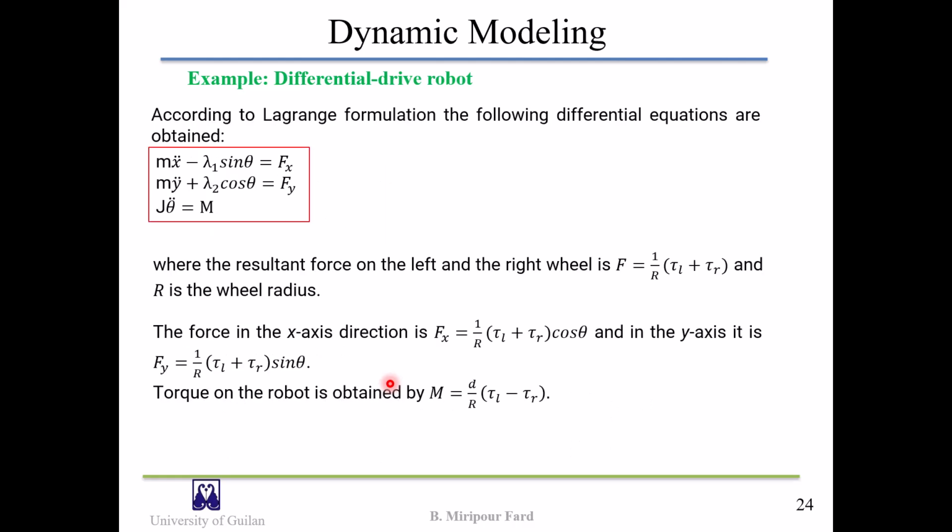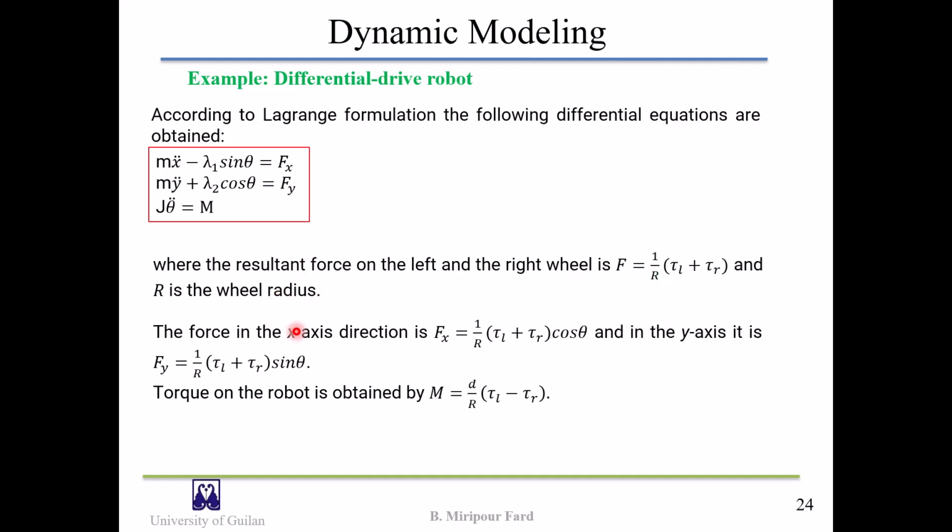According to the Lagrange formulation, the equations of motion for this robot are obtained as you can see in the red box, where the resultant force on the left and the right wheels is F equals tau L plus tau R over R, in which R is the wheel radius.